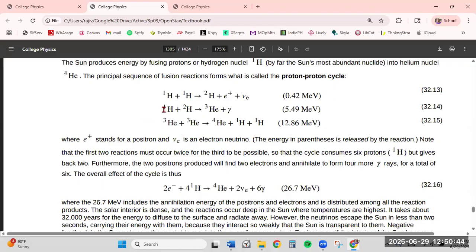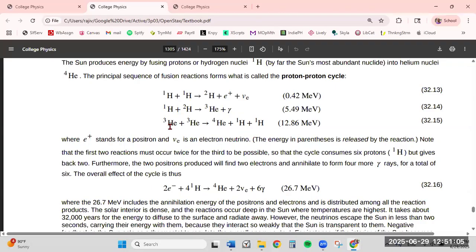And then you have the hydrogen fuse with the deuterium that's created here to give you tritium or helium-3. I'm sorry, not tritium, but helium-3 plus gamma rays, and you get 5.49 MeV of energy.